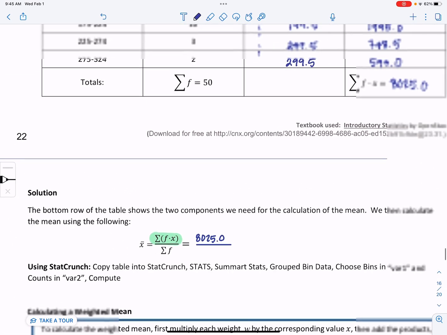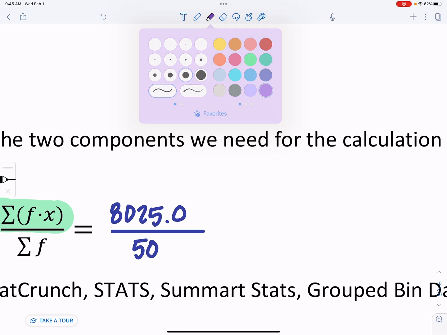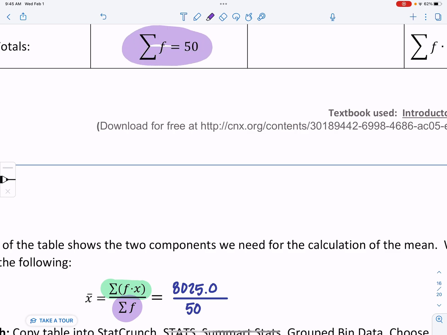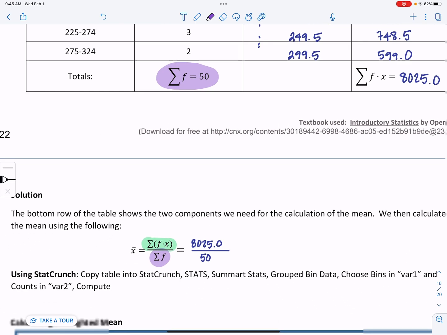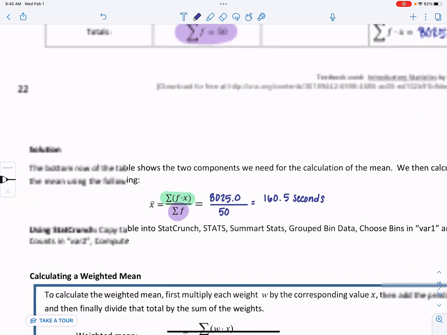And then the sum of my frequencies, that was 50. In case you missed it, the sum of my frequencies came from right there. That gives me 160.5 seconds.